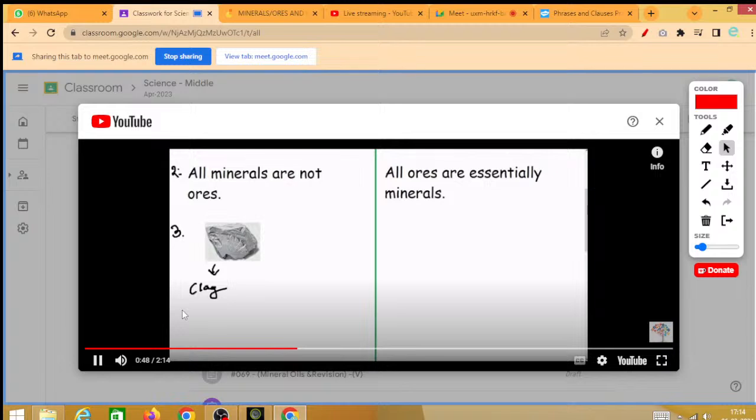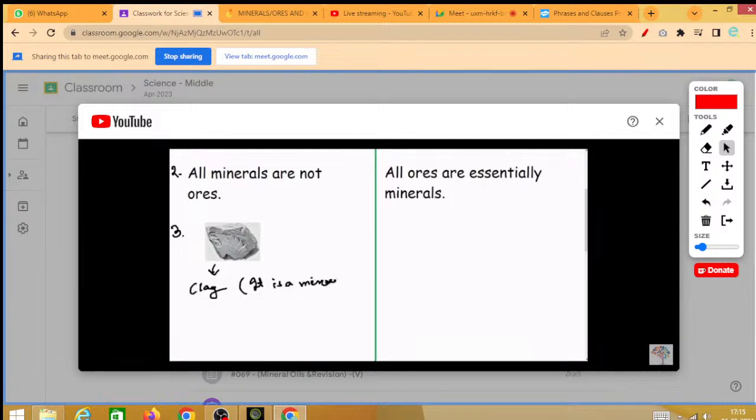So aluminium is a metal which you extract from clay. And for the ores, I have another picture. This is bauxite. It is an ore of aluminium.